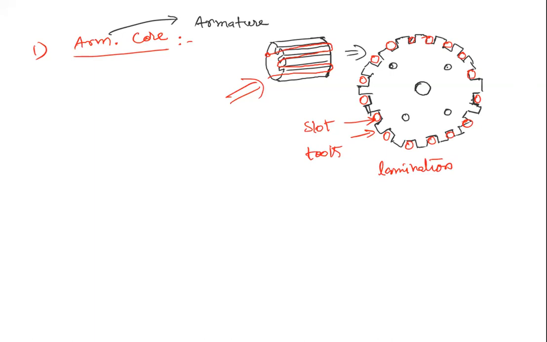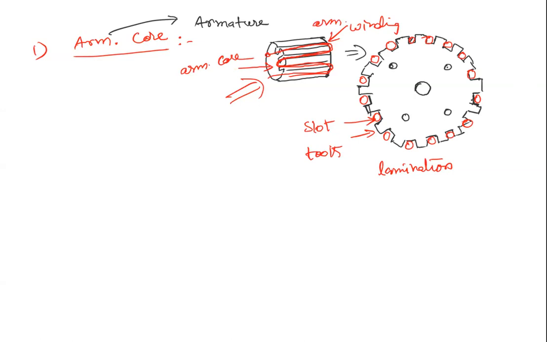Then we will have slots for keeping a continuous conductor like this. Okay, winding. So this is a winding, the red one. Winding is placed inside the armature core. So this is the armature core, and this is the armature winding.